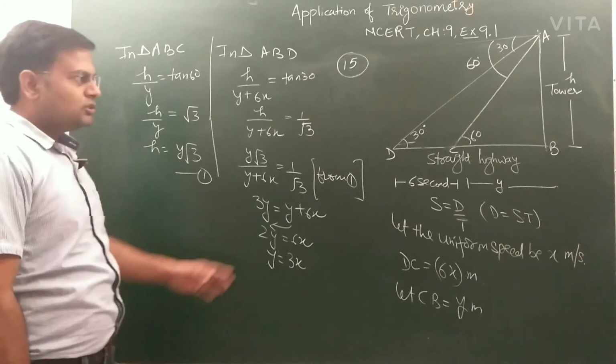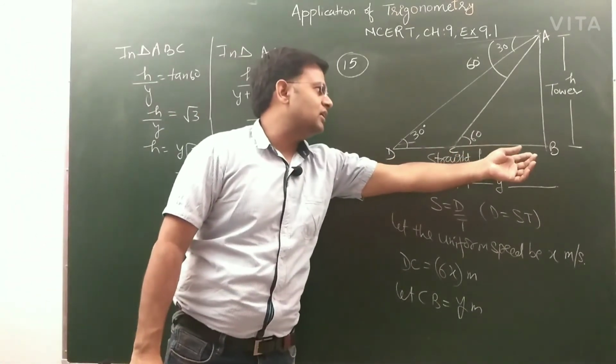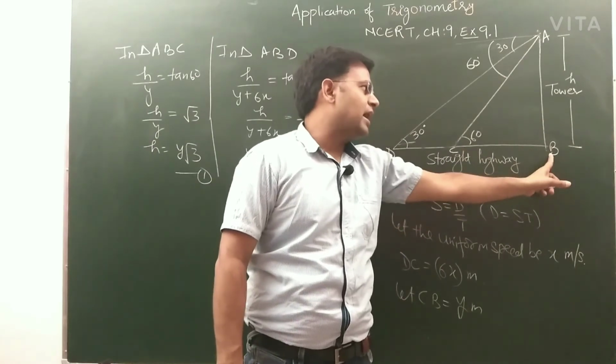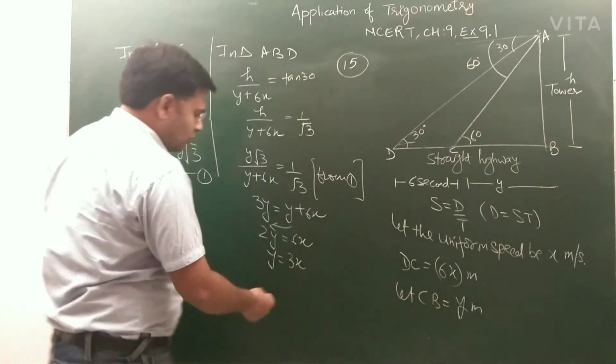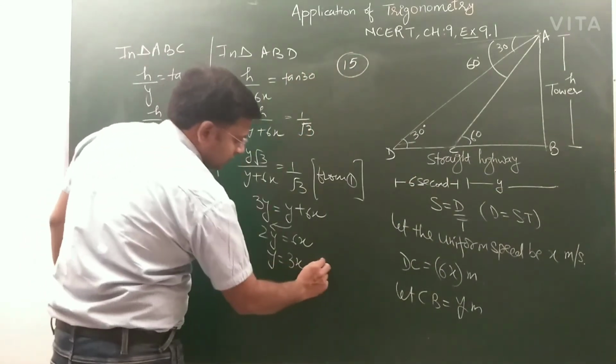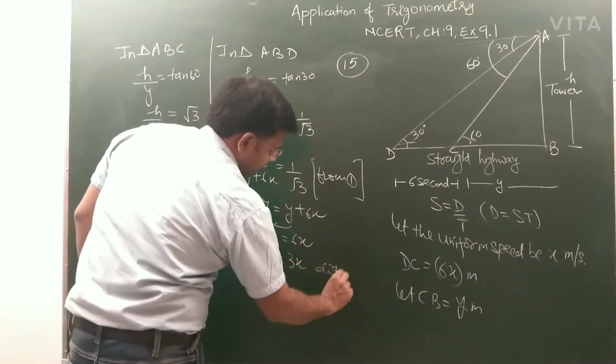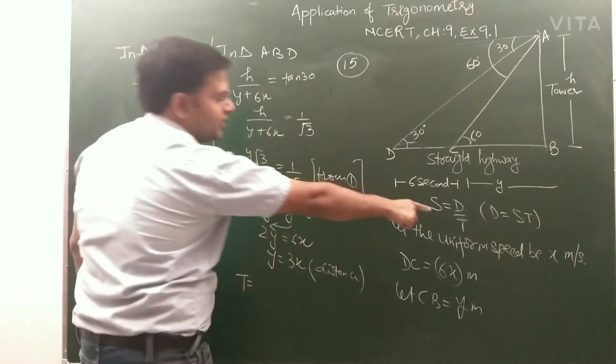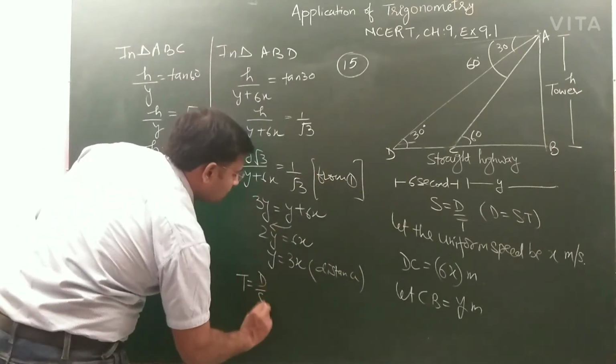Now, if you have to find the time taken by the car to start from C and reach point B, the formula of time is distance upon speed.